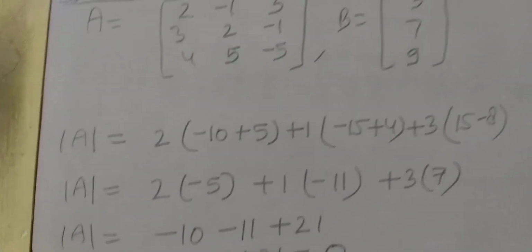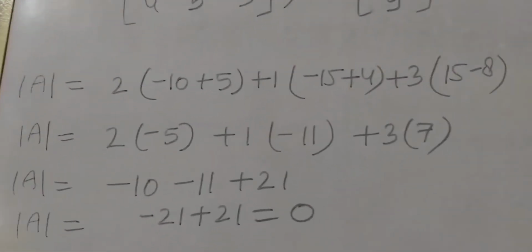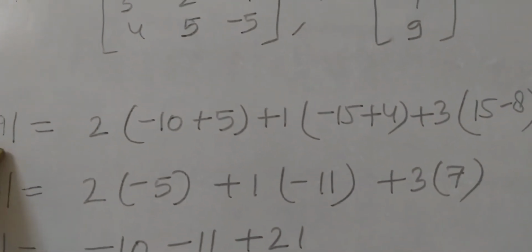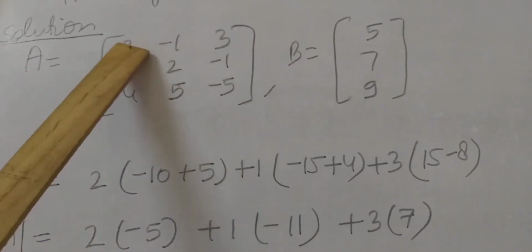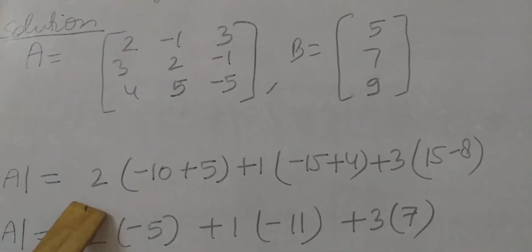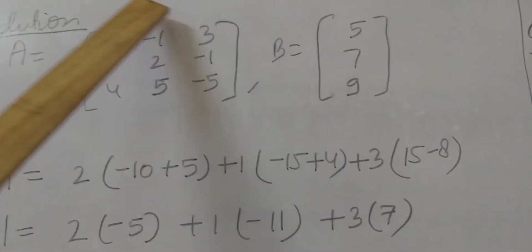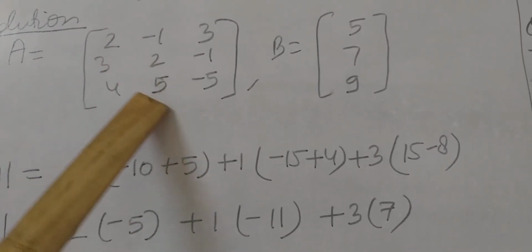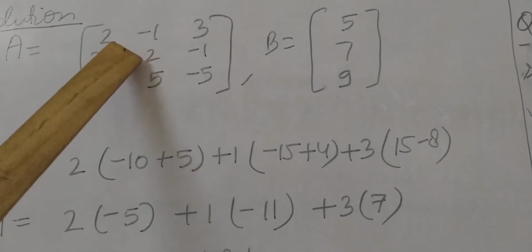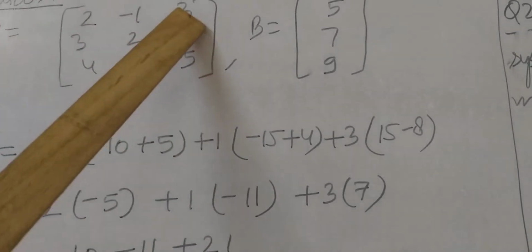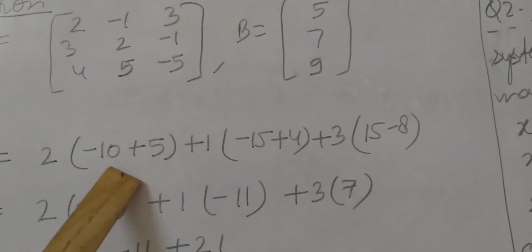Now students, we have to find out the determinant of A. I am going to expand it along the first row. 2, so its row and column will be deleted. This part is left, and its determinant we have to find out: minus 10 plus 5.